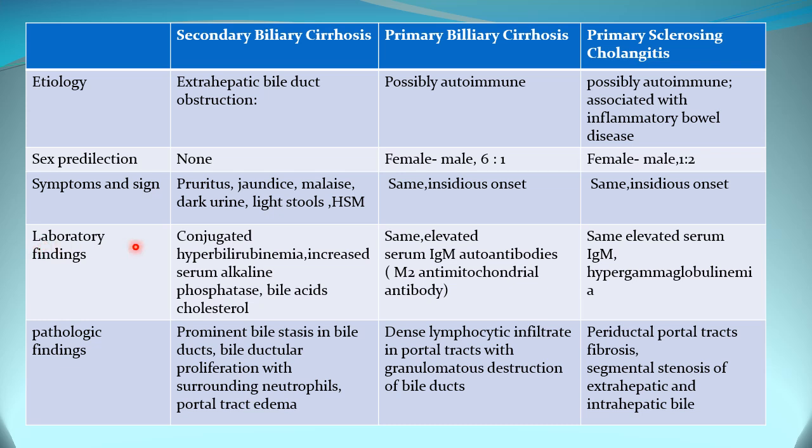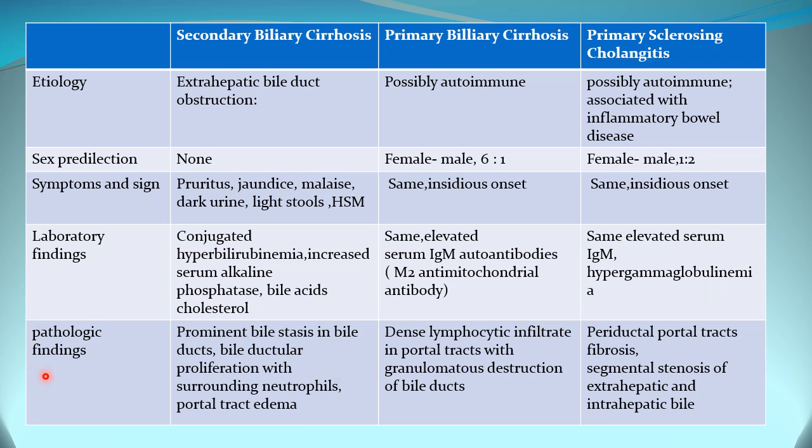What will be the laboratory findings? These are the common laboratory findings: conjugated hyperbilirubinemia, increased serum alkaline phosphatase and gamma GTT, with the bile acids and the cholesterols. Along with this, in primary biliary cirrhosis there are IgM autoantibodies, anti-mitochondrial antibodies, and serum elevated IgM and hypergammaglobulinemia are seen in PSC.